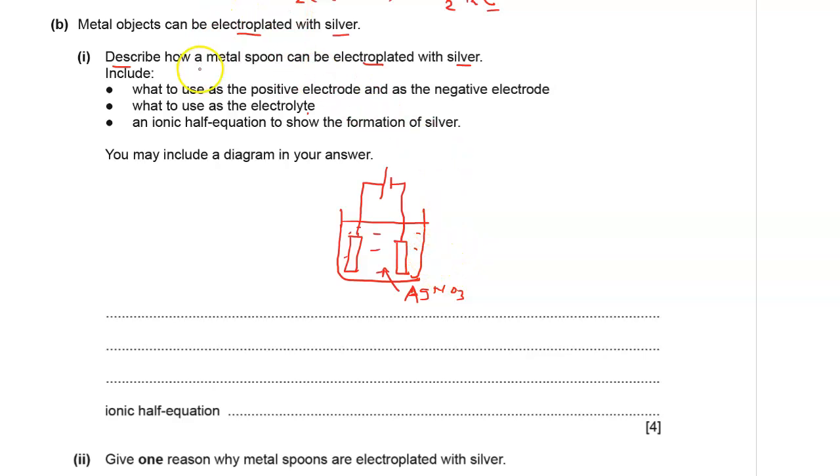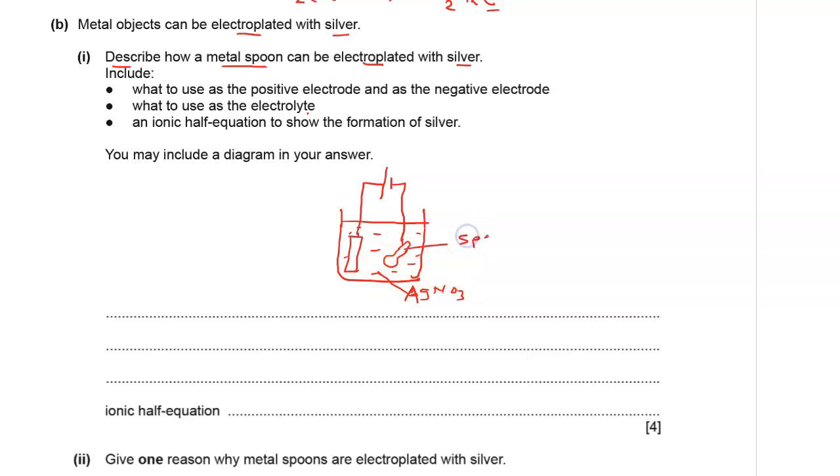And we are electroplating a metal spoon. Sorry, this is a metal spoon here. So let me draw the spoon. That is a spoon. The electrolyte is that.